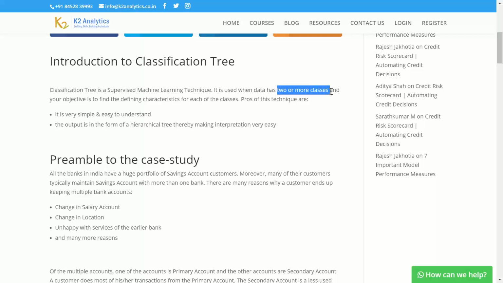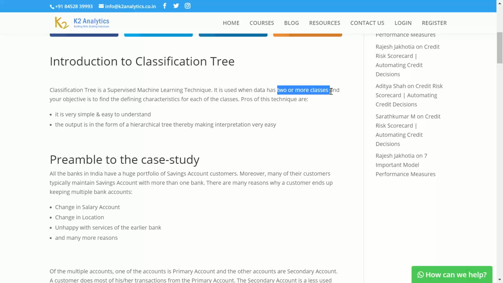Output in this case is resign or not resign. These are examples where the output is binary, or I can say dichotomous, because there are two possible outcomes: resign, not resign, default, not default. In other words, you can say yes or no, true or false.